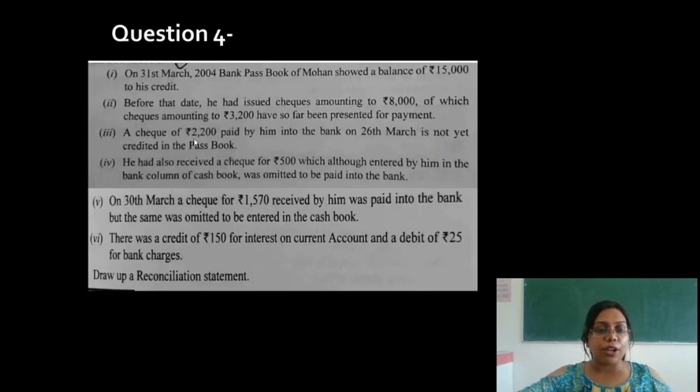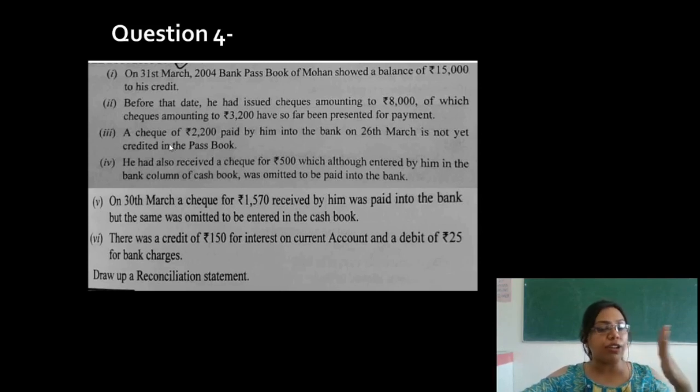So next, a check of rupees 2,200 paid by him into the bank on 26 March has not yet been credited in the passbook. So this 2,200 rupees was a check paid by Mohan to the bank, but it has not yet been credited to my bank account.